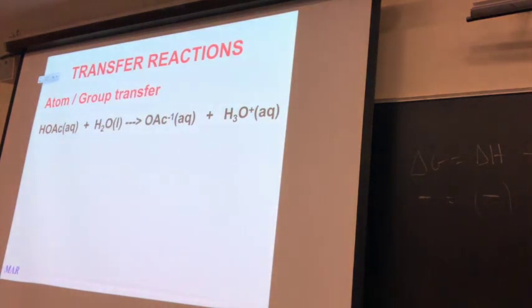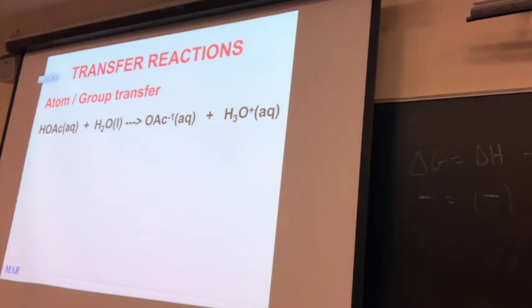Most of the reactions in chemistry involve atoms or groups of atoms being transferred from one species to another. This is an example of a Ka expression that we talked about earlier. We have the weak acid acetic acid reacting with water, and for the amount of it that occurs, which isn't a lot, the hydrogen ion is transferred to water to make hydronium, and the acetate ion is the other product.